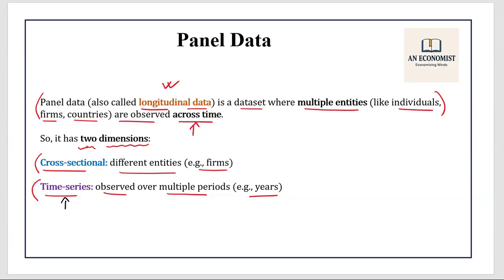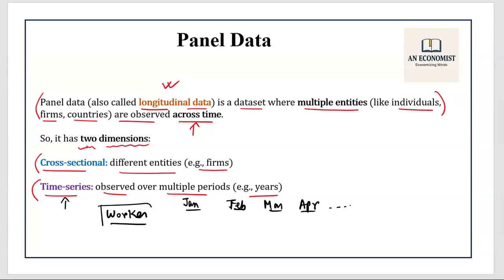In time series, you consider a particular variable. Suppose you consider a particular worker and you basically analyze what this particular worker is producing in the month of, say, January, in the month of February, in the month of March, in the month of April, and so on and so forth.